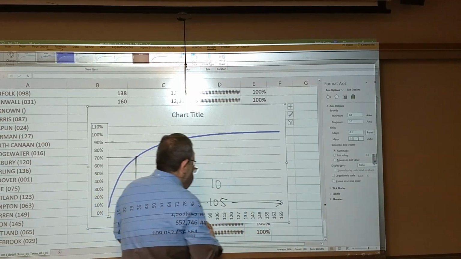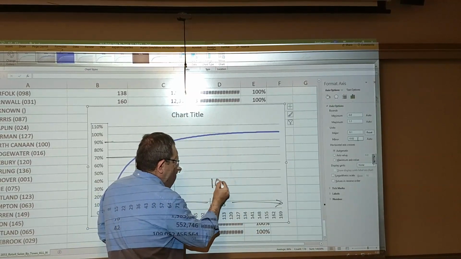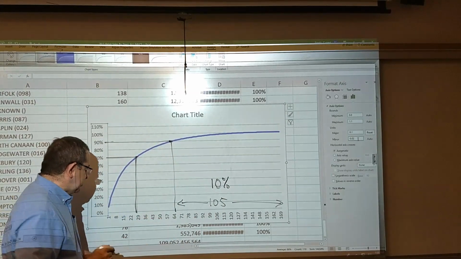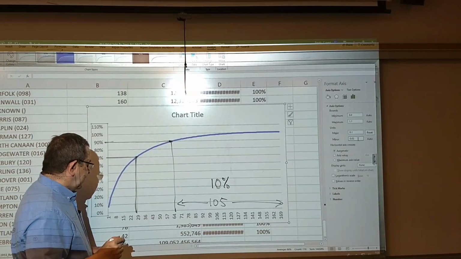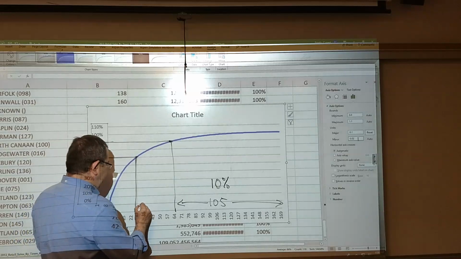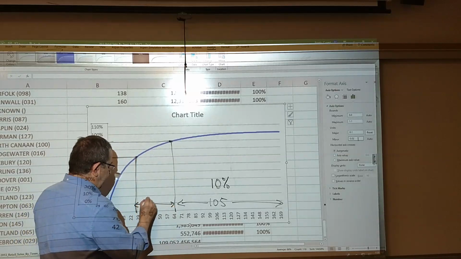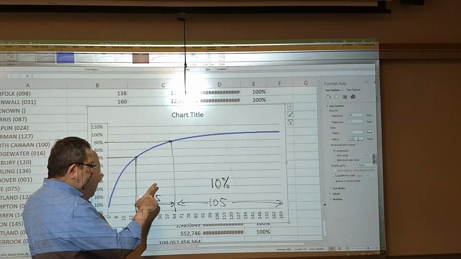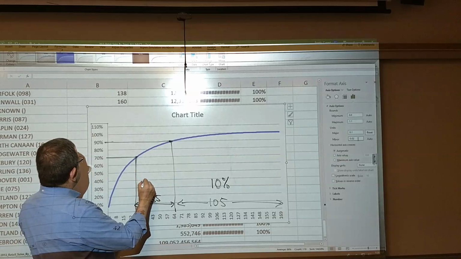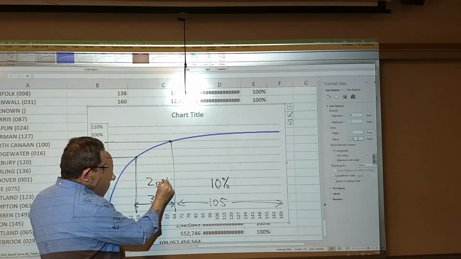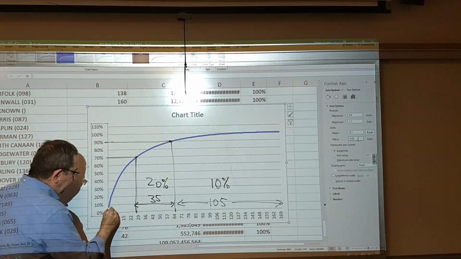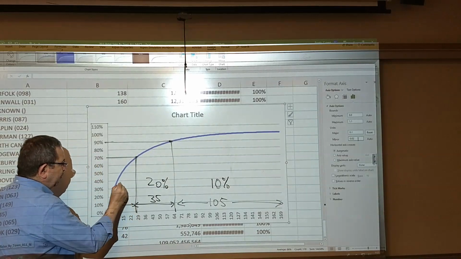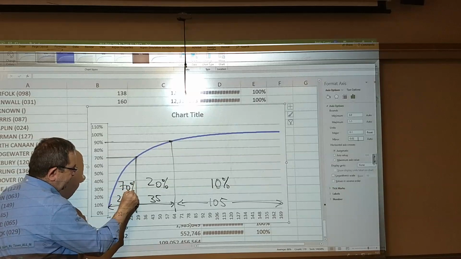So this is 29 to 64, that's going to be 35 here. These municipalities account for, I would say, 20%, and the first 29 account for 70%.